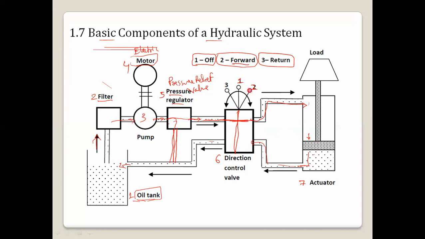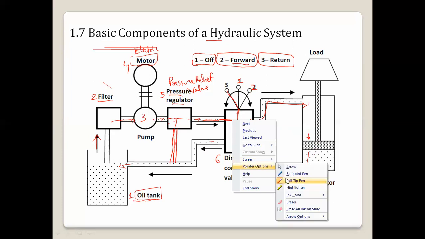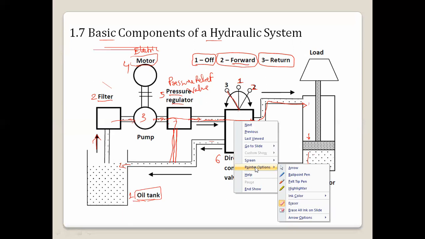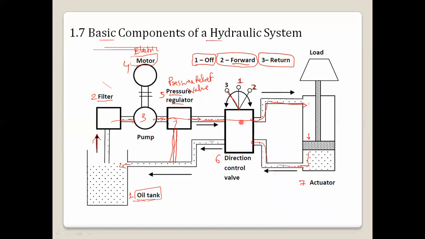Then when I change the position from 2 to 3, I will just erase this one. In 2 to 3, the oil flow will take place from the pump to the piston side. So when I come to the return position, return means oil has to be returned.